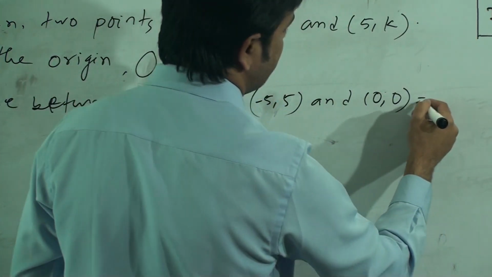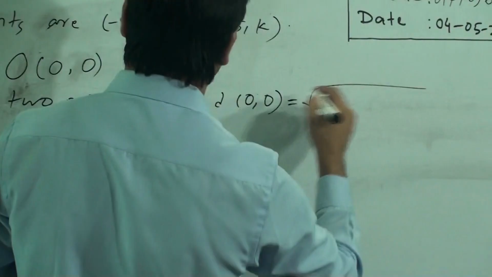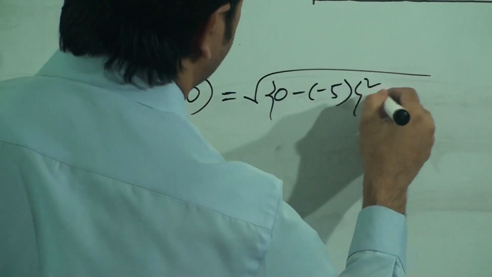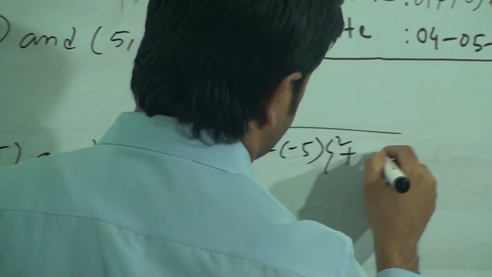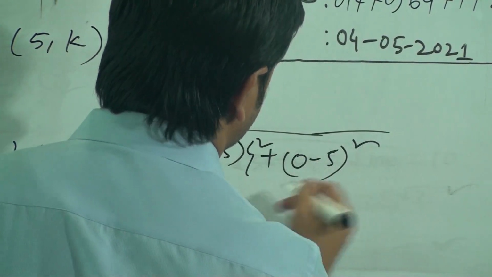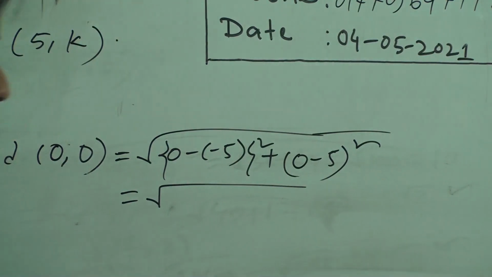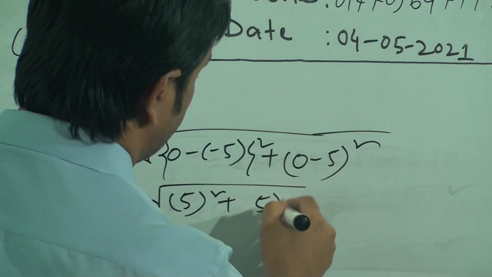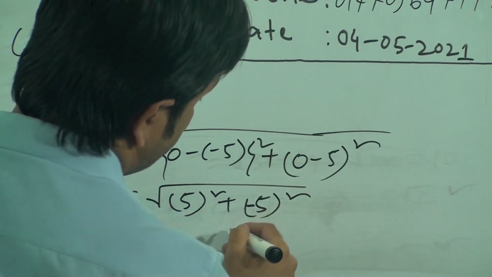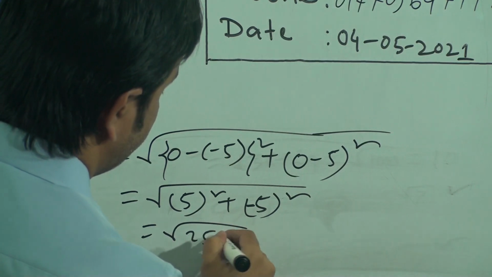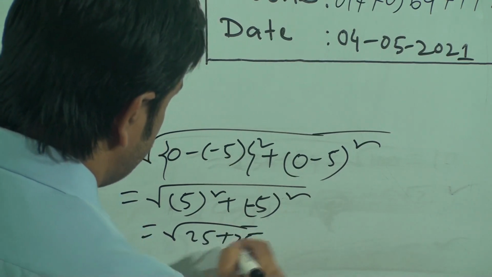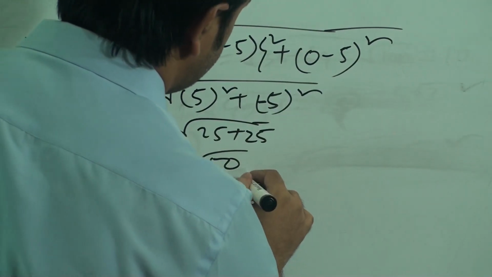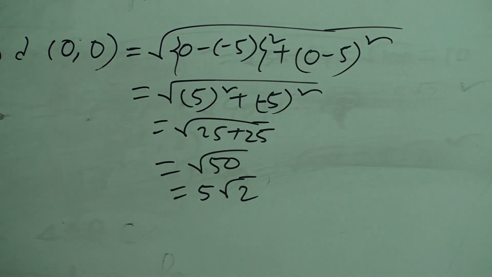What will be the distance? That will be the square root of 0 minus minus 5 whole square plus 0 minus 5 whole square. If we calculate here, we get plus 5 whole square plus minus 5 whole square, which is equal to 25 plus 25, that is equal to 50. Square root of 50 means 5 square root 2.